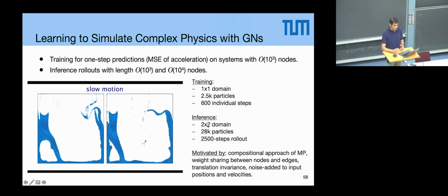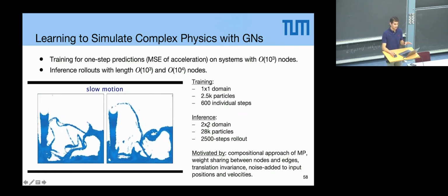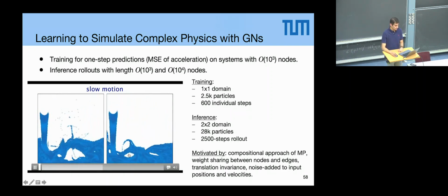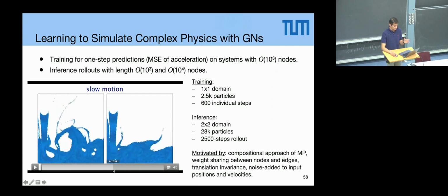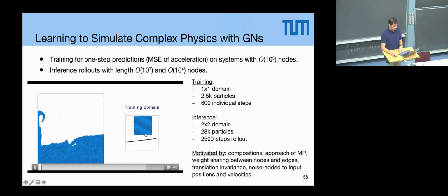Also, the domain is larger than what they used during training, and the rollouts are very long. This was the inference domain or test domain, and here we have the training domain, which was smaller and had a smaller number of nodes. So that's quite advantageous for this kind of SPH or Lagrangian-based simulation, training with small systems and then extrapolating to larger ones.